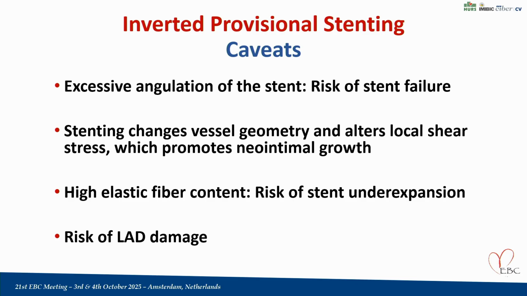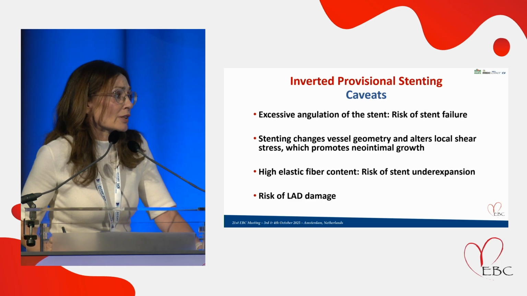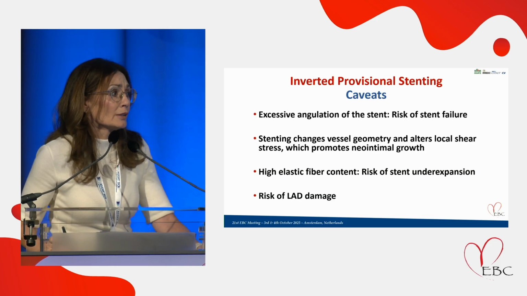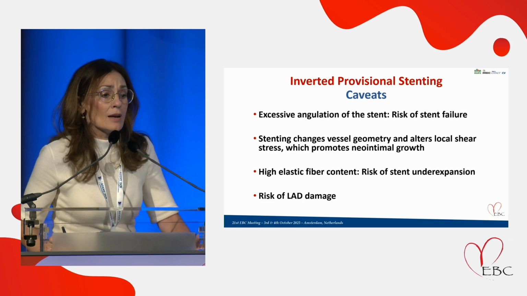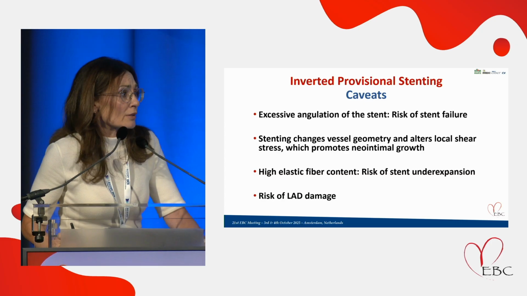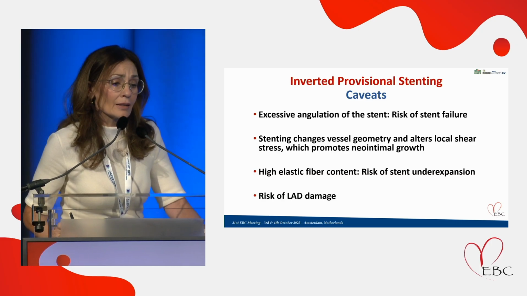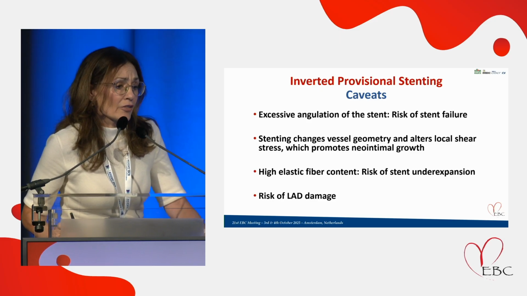However, this technique is not perfect and has several problems because the risk of restenosis in the inverted provisional stent is higher compared to traditional crossover from left main to LAD. The sharp angulation of the circ may produce high hinge-like motion and the risk of stent failure and stent fracture.